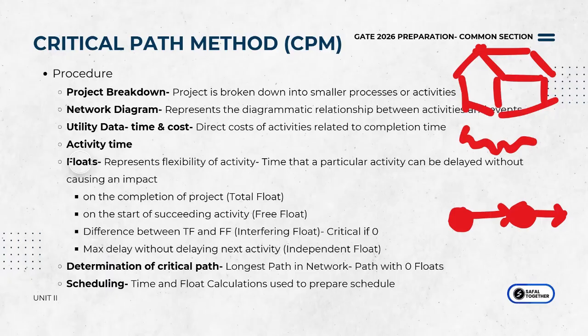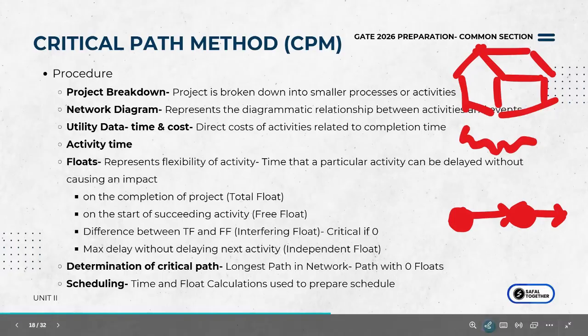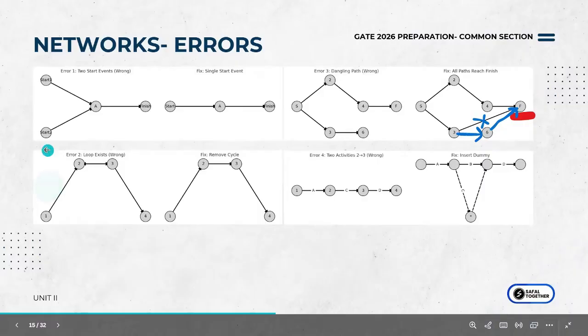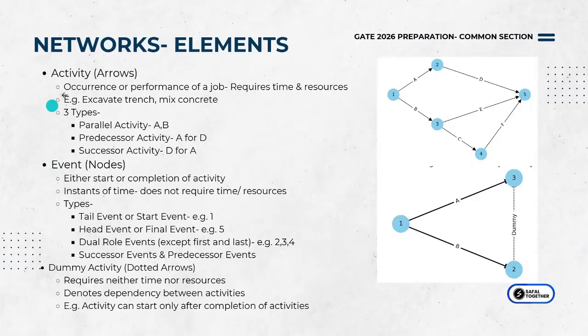So in this, we learned three different terms. We learned activity, we learned node, and we learned dummy activity, right? So in activity, I'm just going to go back to that slide just for refreshing your mind. So activity is basically your occurrence of a job or an action where you need time.